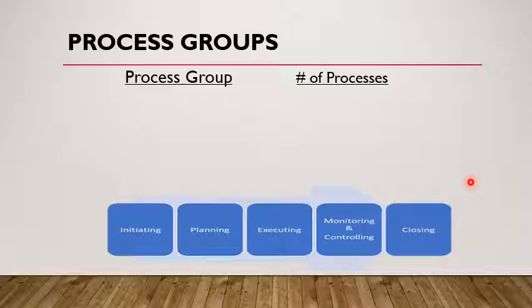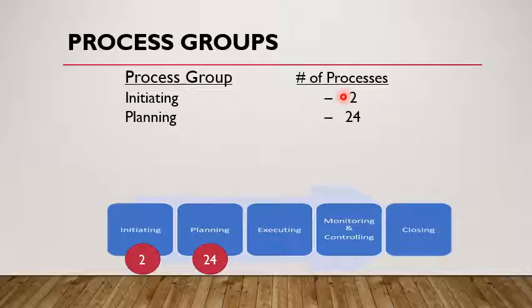Let's understand how the processes are linked to process groups. During the initiating stage of the project life cycle, we apply 2 processes. These 2 processes make up the initiating process group. Similarly, we apply 24 processes during the planning stage of the project life cycle.